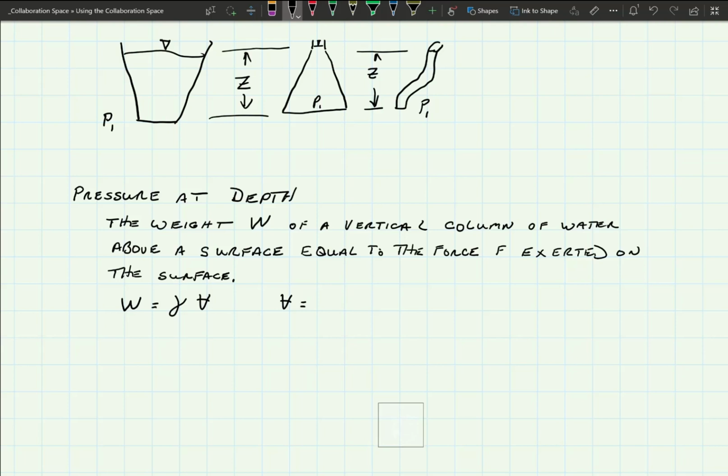Volume is the area times Z. Okay. And F becomes W equal to A times Z. Okay.